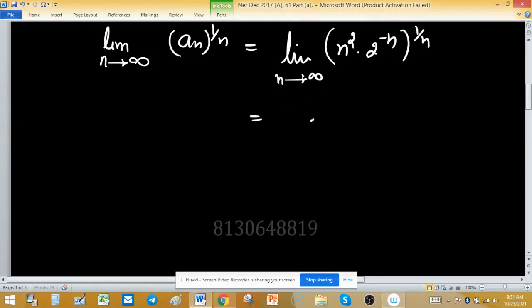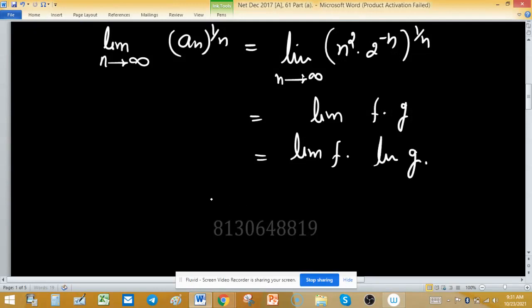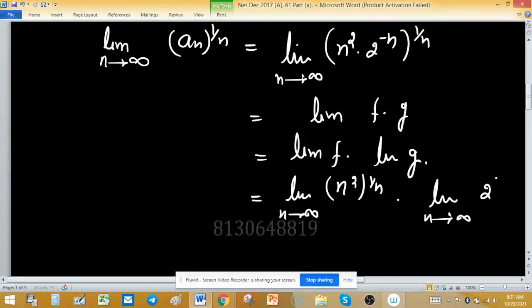As I can apply the limit of f into g equals limit of f into limit of g, using this fact I can write the limit as n tends to infinity of n square raised to the power 1 upon n, into the limit as n tends to infinity of 2 raised to the power minus n upon n.